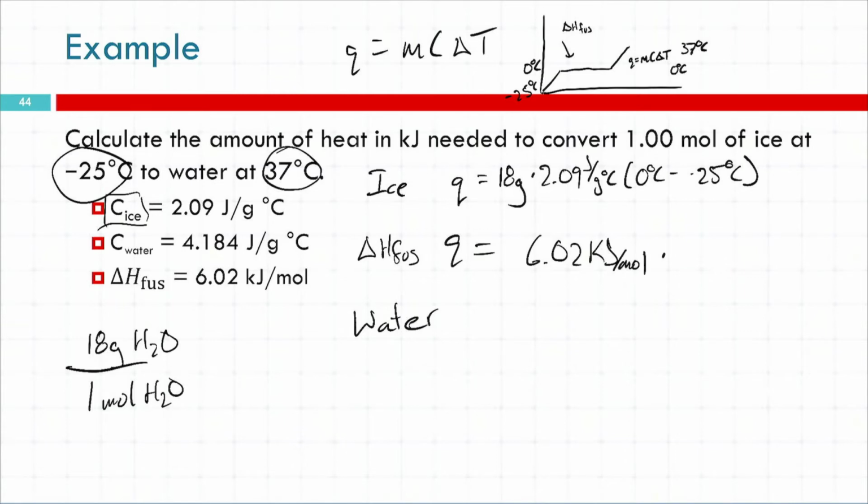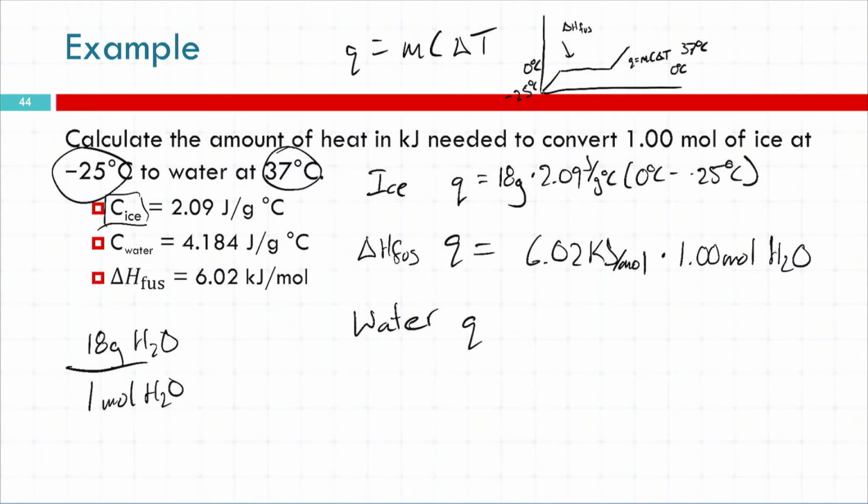And we have 1 mole of water, or ice. I guess I'll put H2O here. That 1 mole, or 18 grams, those are interchangeable, and that's not going to change as we go from negative 25 all the way to 37.